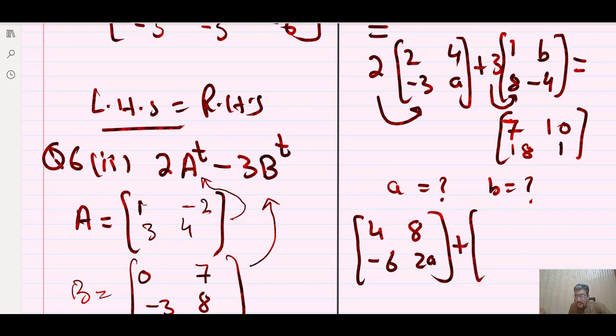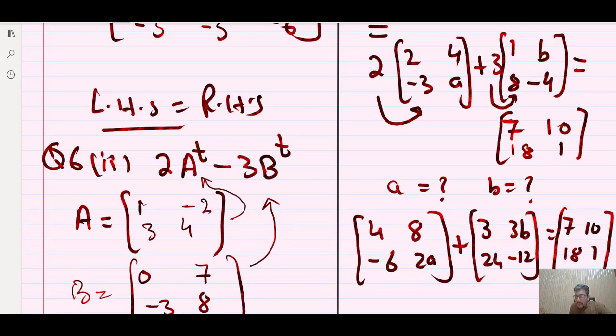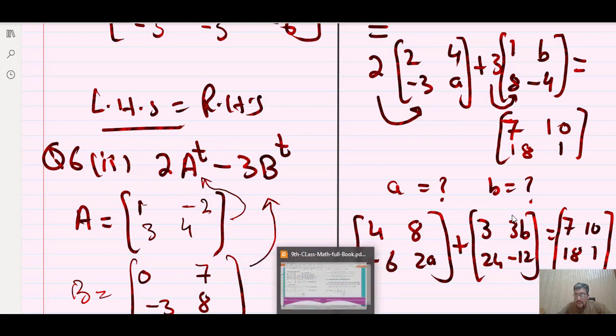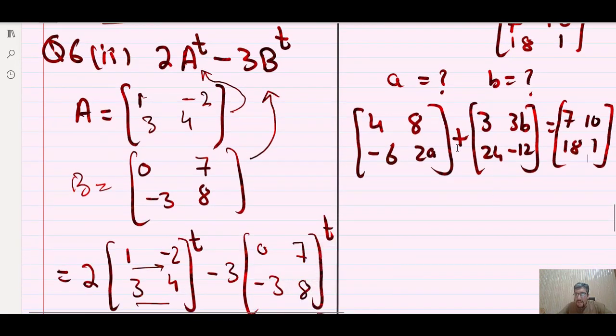Plus, now multiply 3 with all the entries of this matrix, you will get 3, 3b, 8 is 24, and 3 with 4 minus 12, which is equivalent to another matrix, that is 7, 10, 18 and 1. So now we have to add these two matrices.